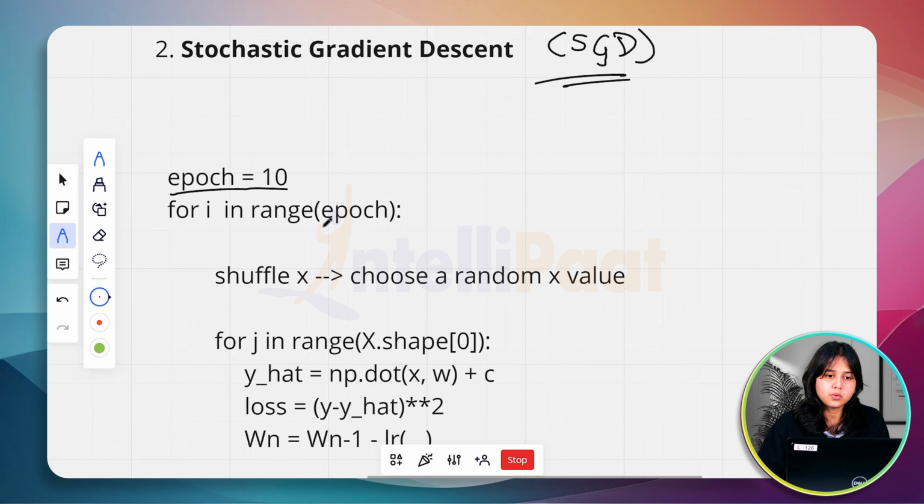We have run a loop for 10 epochs for now. And then what we're doing here is choosing a random X value. So say we have a data set of 50 points again. From these 50 points, we randomly choose any one point.